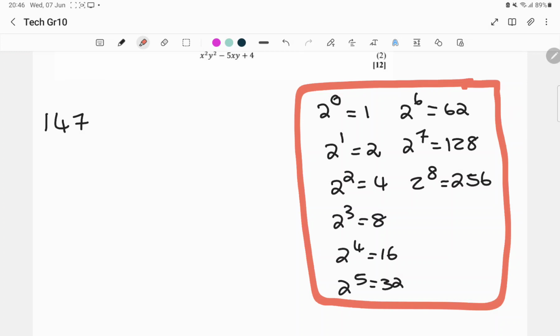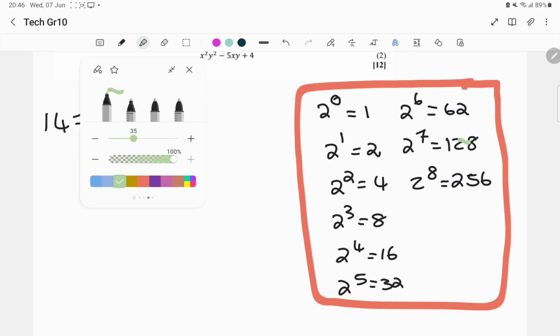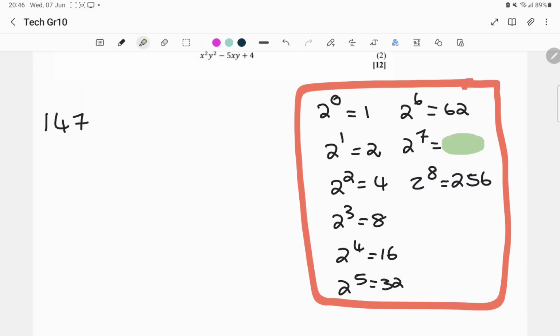Whenever you want to convert it, you have to get the highest number, or the closest number to the one you have, but it cannot be higher. So the closest number to 147 will be 128. So die getal naast aan 147 wat nie groter is as 147 nie, is 128.